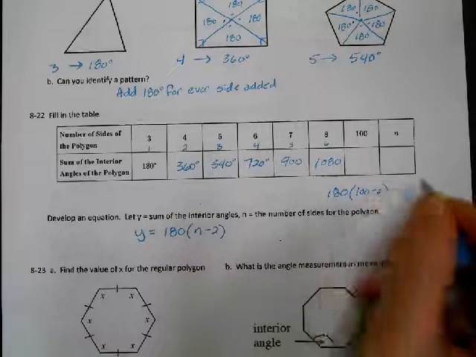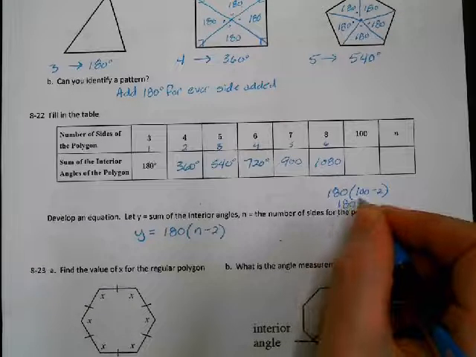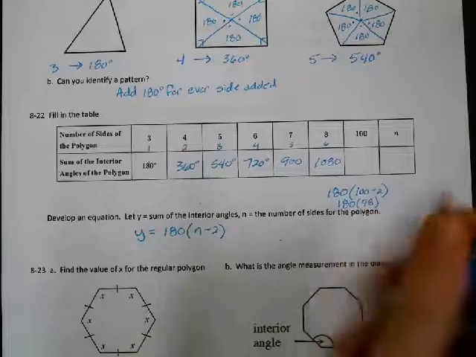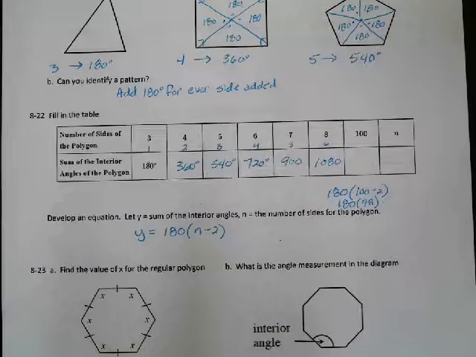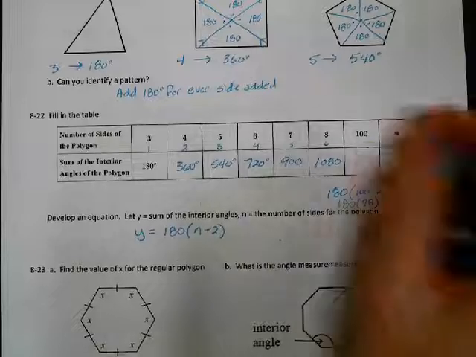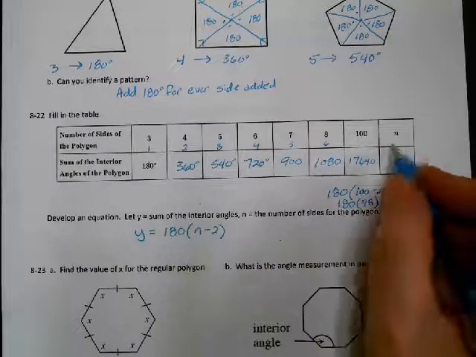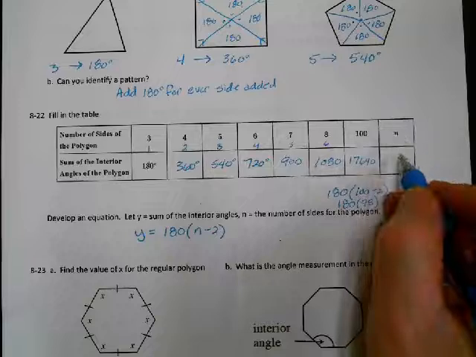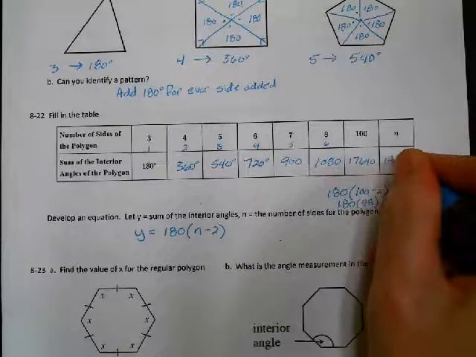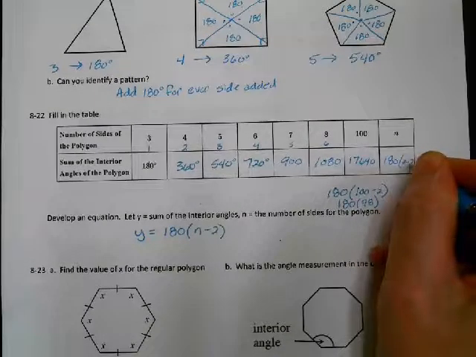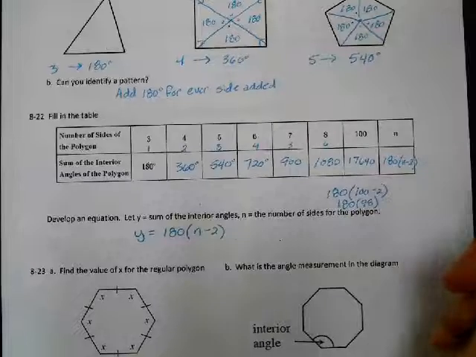So that's 180 times 98, which ends up being 17,640. So for n number of sides, we always just do 180 times n minus 2. And that tells us the sum of the interior angles.